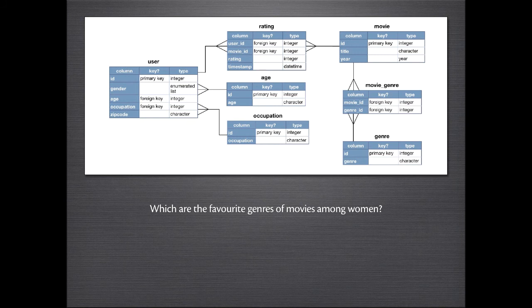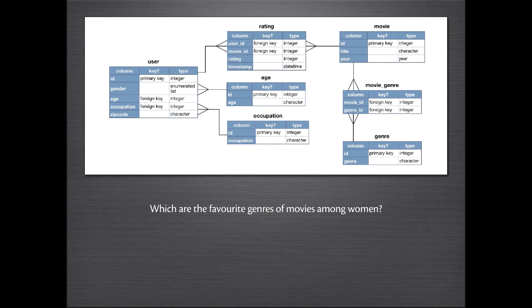So every movie can belong to multiple genres, and every genre belongs to multiple movies. So there is a many-to-many relationship between movie and genre. And what that means is that we have to have a junction table to mediate between those two. We have to have the junction table to reconcile the keys in a many-to-many relationship.